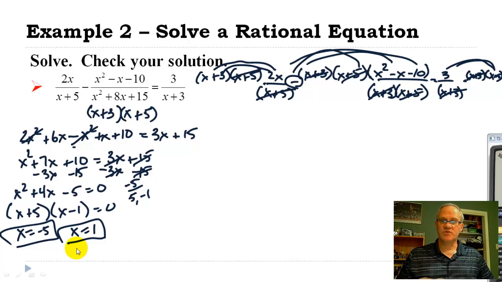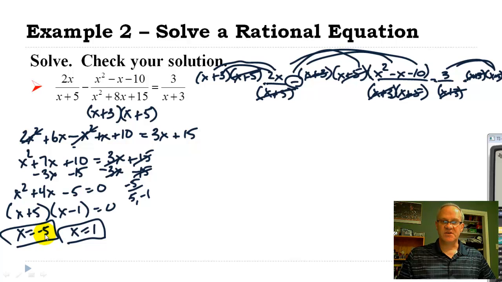Now, notice one thing. Remember what I talked about getting a 0 on the bottom of a fraction? If you look closely here, look at the two possibilities, the x plus 5 and we had an x plus 3. That means we cannot have a negative 5 or a negative 3 as an answer. Otherwise, it makes a 0 on the bottom, and that's no good. One of our solutions was x equals a negative 5.